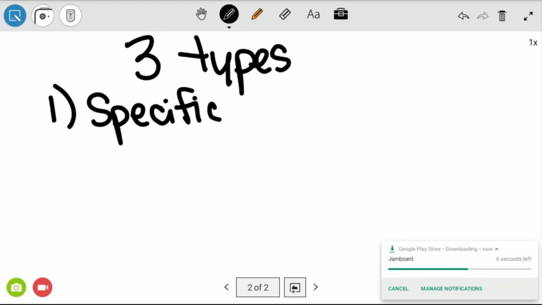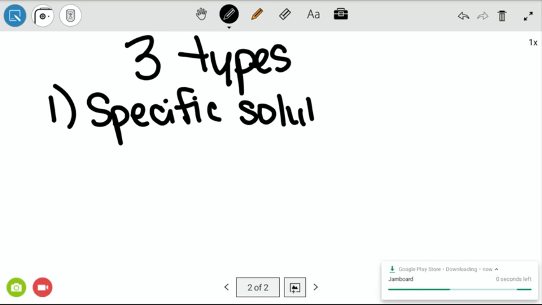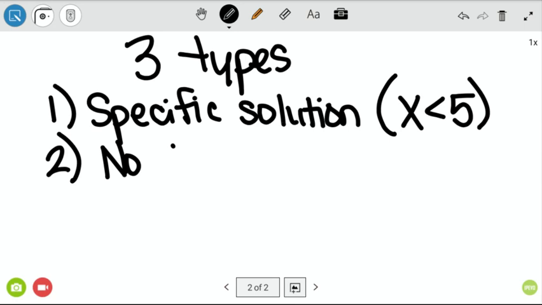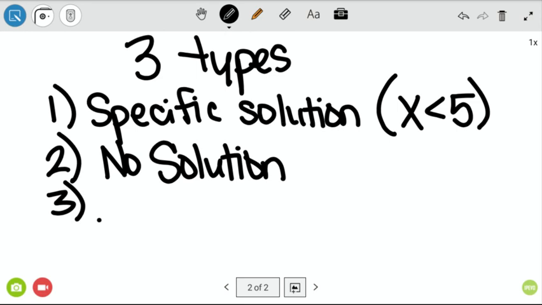So we get a specific solution. An example would be like x is less than 5. Then we can also get answers that are no solution. And we'll do some examples of those today. And then we will have some that are all real numbers.